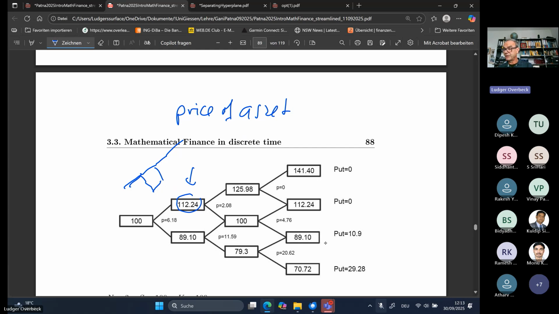The put is in the money at the end. So this is 100 minus 89. You understand? That's the first step. In any tree-based option pricing, you do it like this.